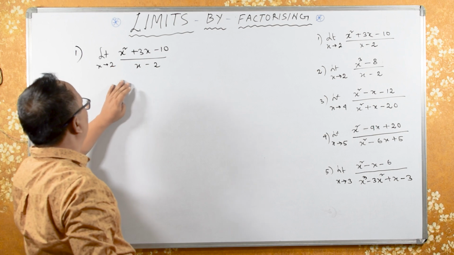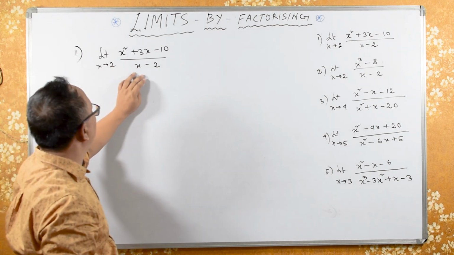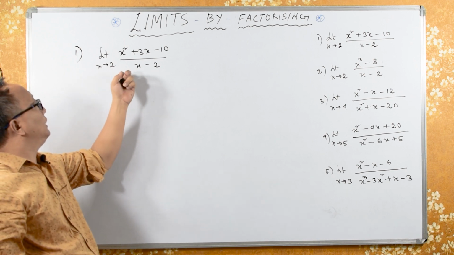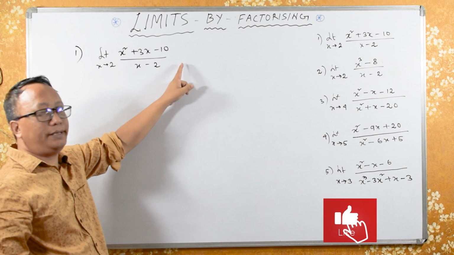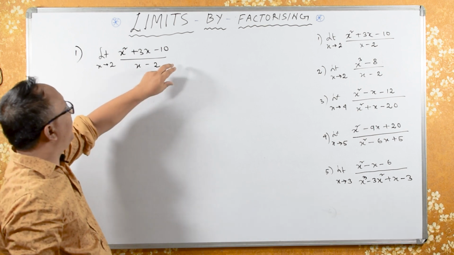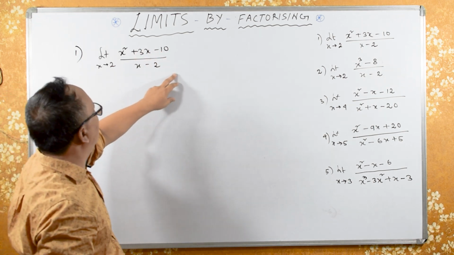Since x tends to 2, when we put x equals 2 over here, the limit becomes indeterminate, it's undefined. So now we have to factorize or manipulate.